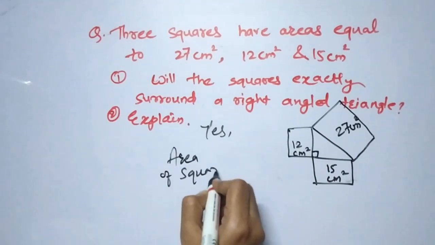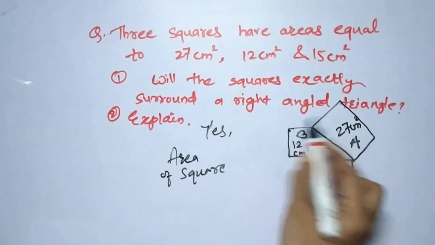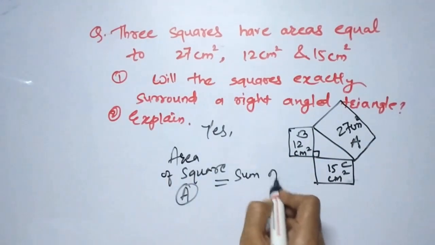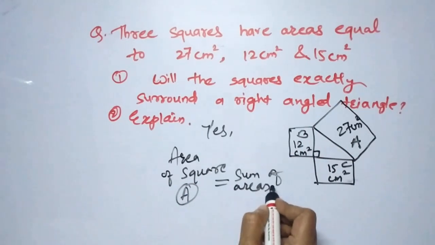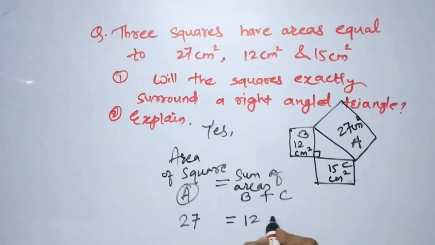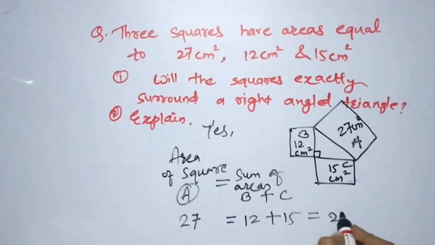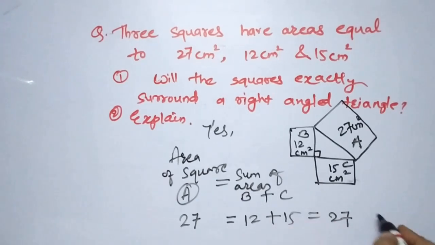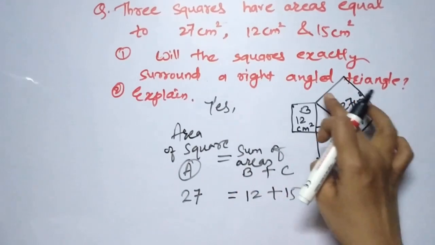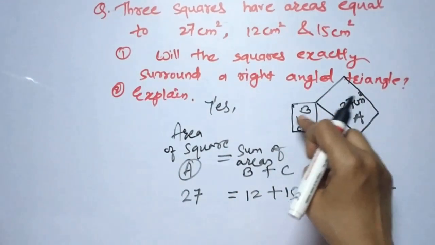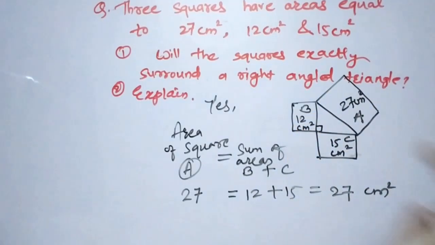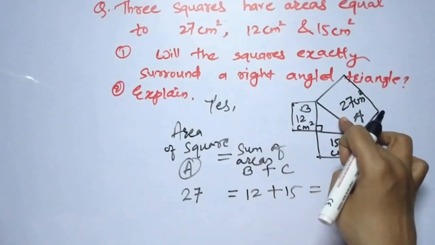Suppose these are A, B and C. The area of square A is equal to the sum of the areas of B and C. It is 27, and 12 plus 15 is also 27. So 27 centimeter square is equal to 27 centimeter square. This means the square of the hypotenuse is equal to the sum of the squares of the remaining two sides.